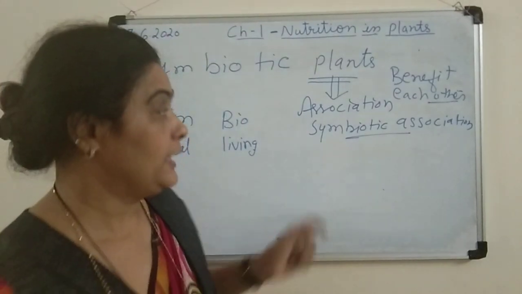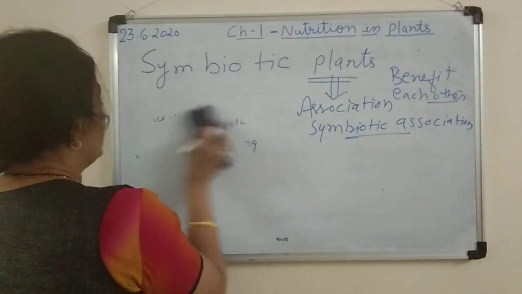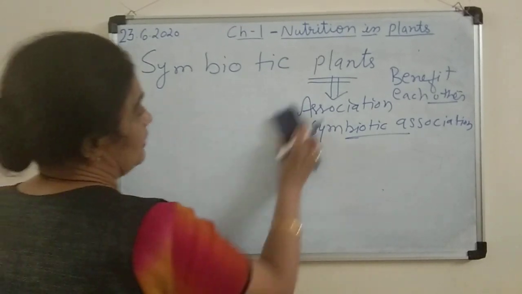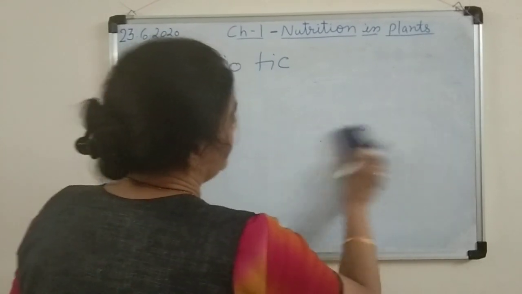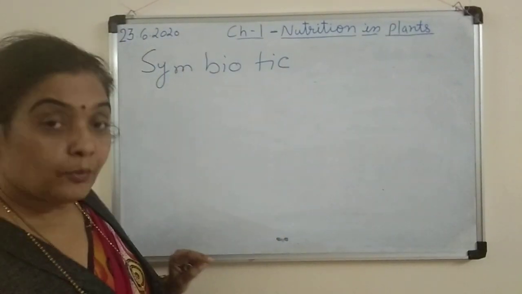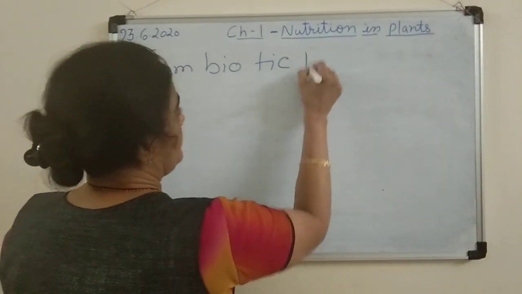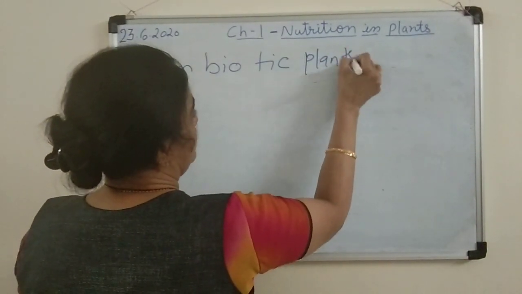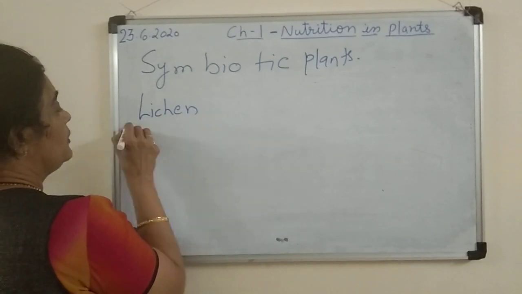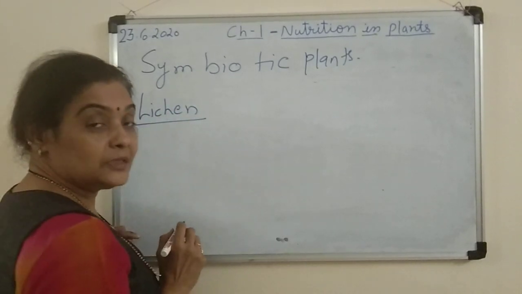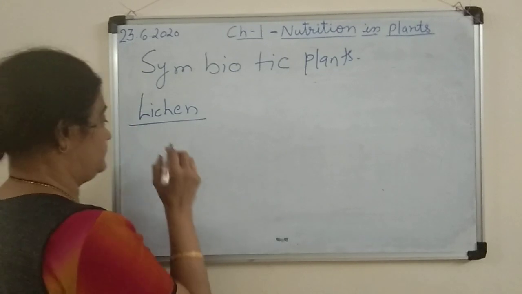Okay. Now, example. There are two examples of symbiotic association. Number one is the lichens. Some pronounce it lichens. As I said, two organisms remain in association.